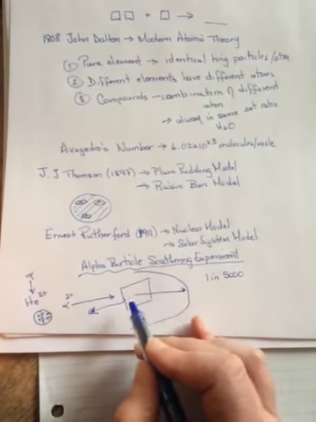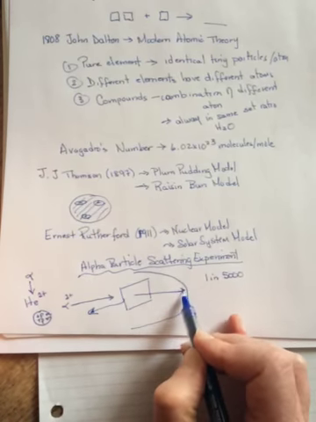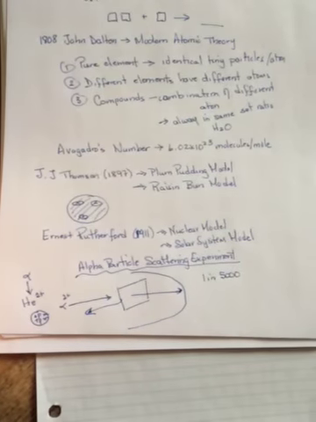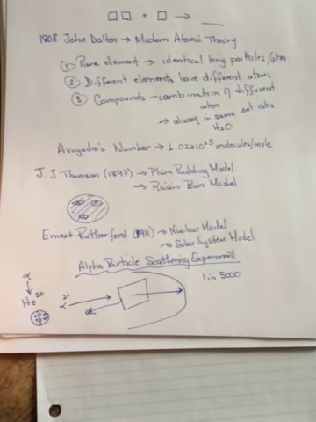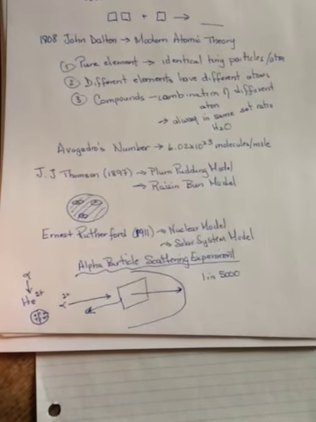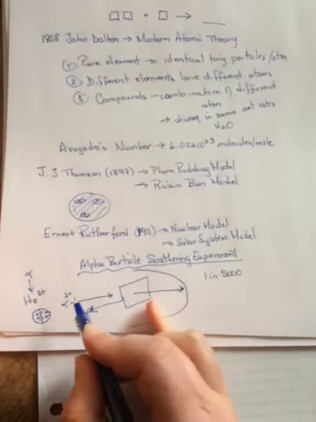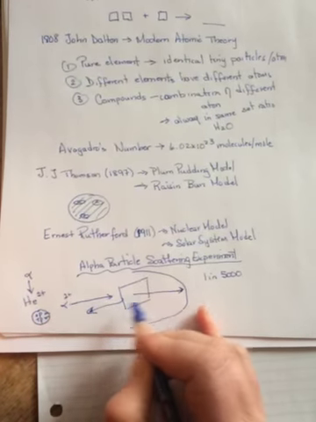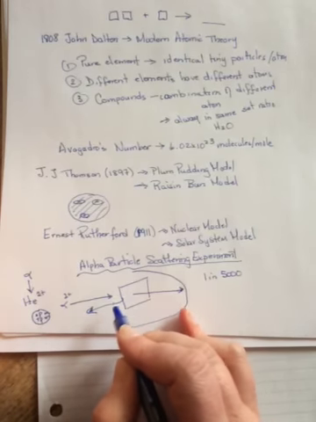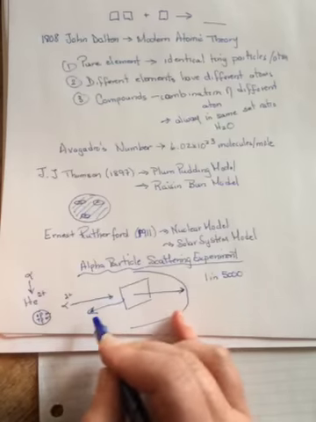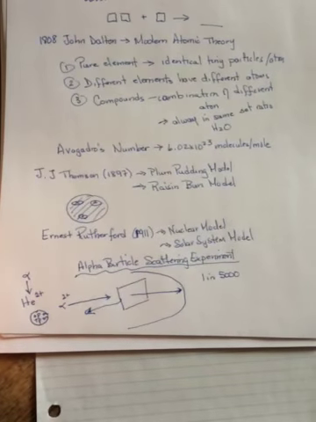Okay? So almost all of the particles went straight through as if through empty space, but 1 in 5,000 came straight back. He thought whatever it encountered had to be bigger, since the positive 2 alpha particle is fairly large compared to an electron, and it had to be positive to repel it, okay?